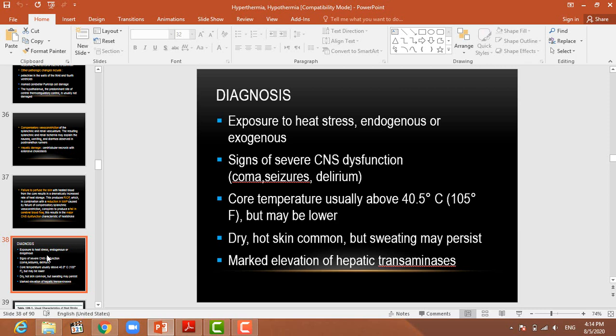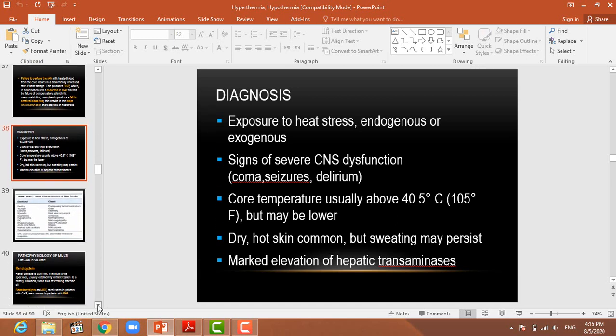Marked elevation of the hepatic transaminases. Actually, this is hepatic SGPT and SGOT, which you have seen in biochemistry. They are increased to very large numbers, around 10,000, in heat stroke, and this is an indication of liver damage.